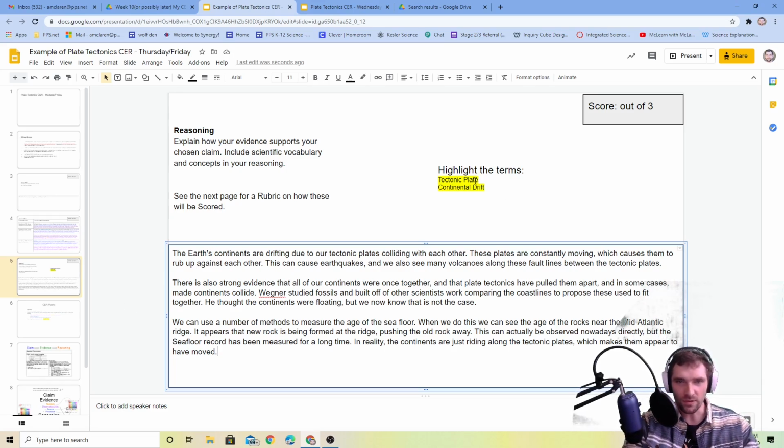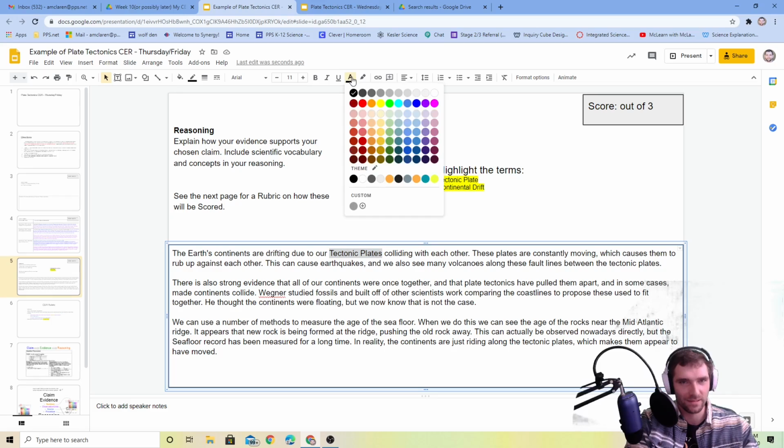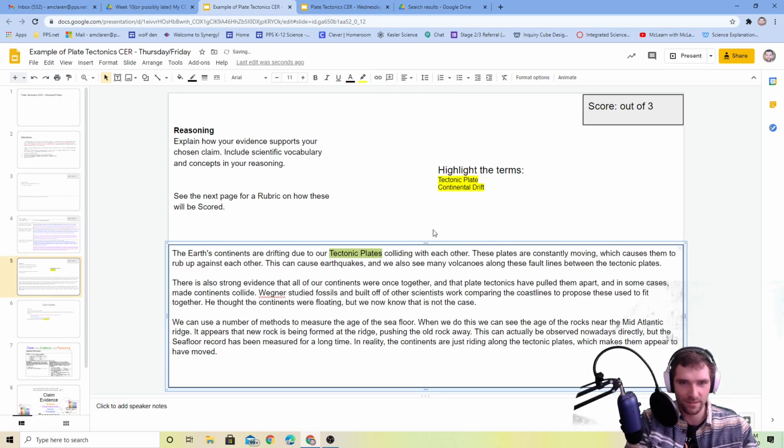I think I need to also highlight my tectonic plates here and probably also capitalize them, because these really are big proper scientific terms. It's like the name of a book or an important person. Gotta give that title recognition.